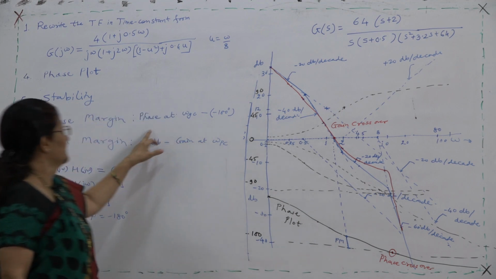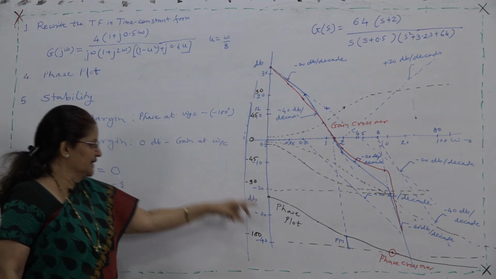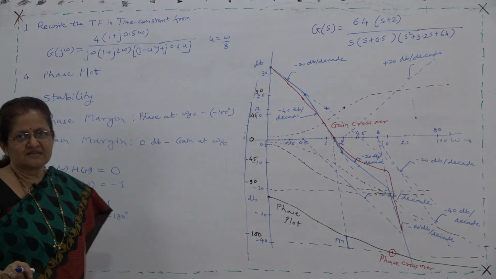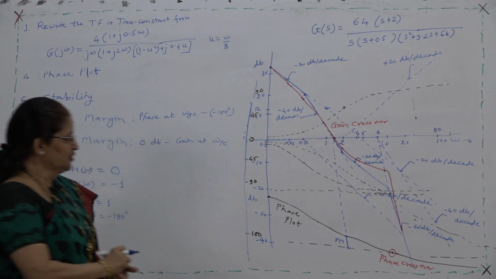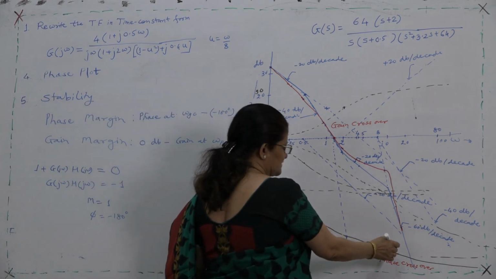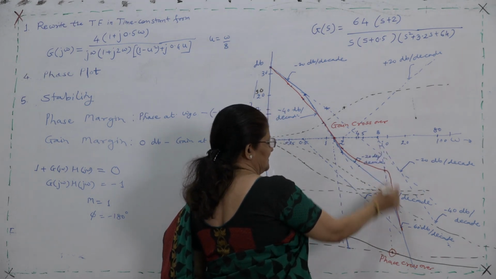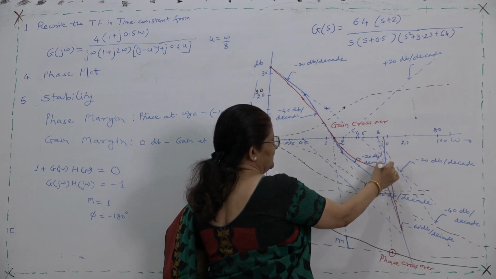See, here you will get a positive phase margin because the phase at omega Gc is greater than minus 180. So, plus 180 minus some term, you will get a positive value. And here, extend this phase crossover frequency to the magnitude plot. So, somewhere here if it is crossing, this is your gain margin.